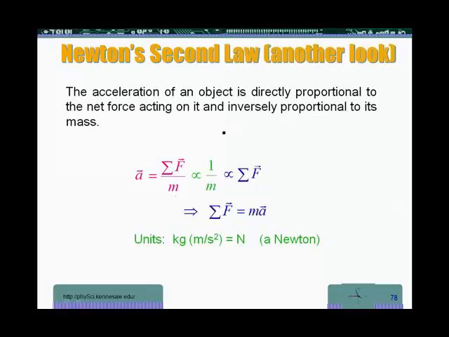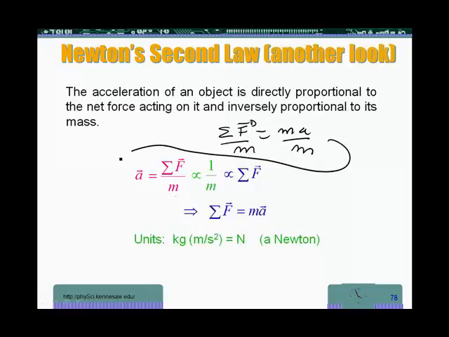Remember, I did this. We had sum of the F is equal to MA, divided both sides by M, and we get this. So the acceleration is proportional to the sum of all forces, the net force, or it is inversely proportional to the mass.